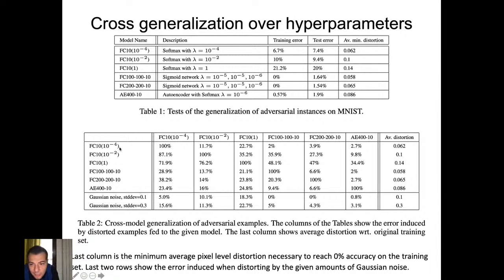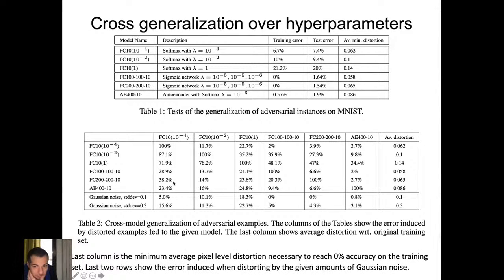So the adversarial examples for these shallow models are less robust, but if you look at adversarial examples for deeper models, for example if you generate adversarial examples for this fully connected network with 3 layers, you can increase the error rate of this model from 7% to about 38%.